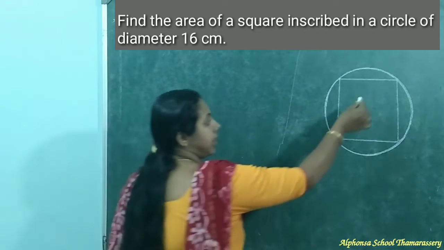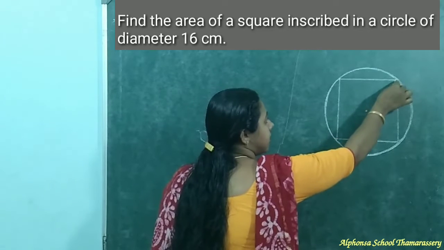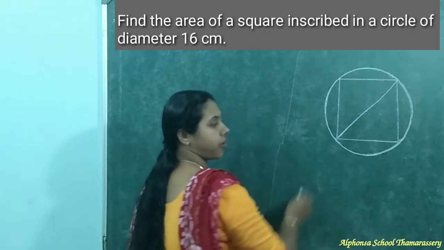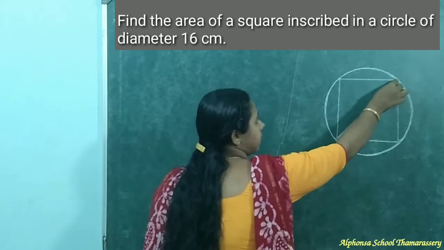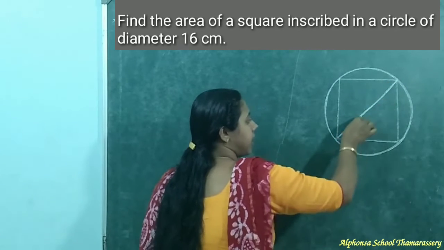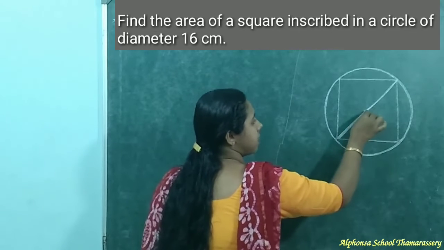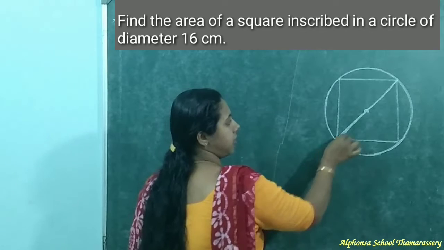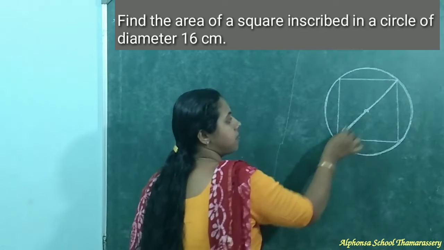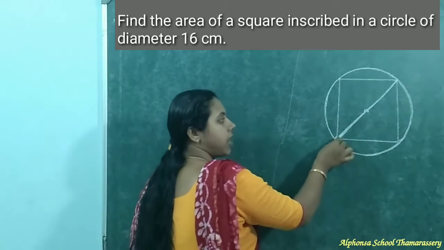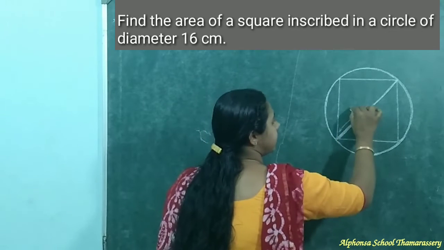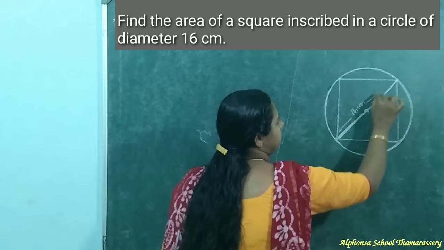So the diameter of the circle is equal to the diagonal of the square. Both are same. That is given as 16 centimeter.